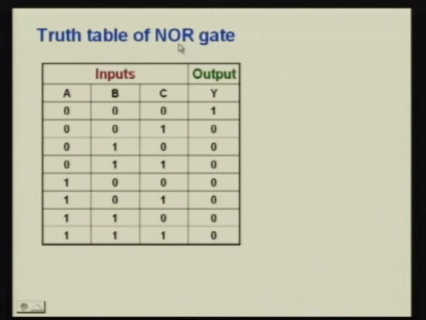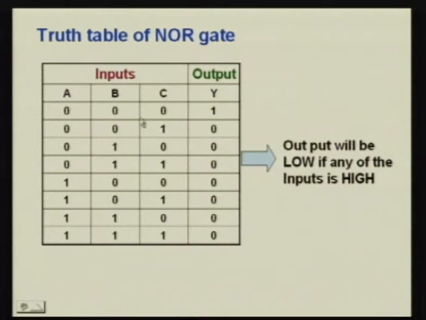By looking at this truth table, we can generalize a statement for the NOR gate. So what is the generalization? The output will be low. Here we see that for all entries except the first one, we are getting 0, which is the low state. So the output will be low, that is 0, if any of the inputs is high.